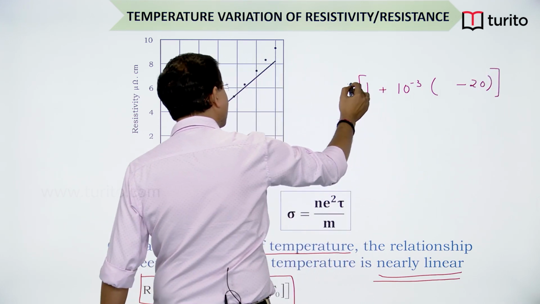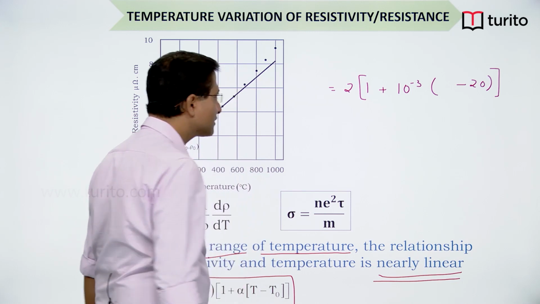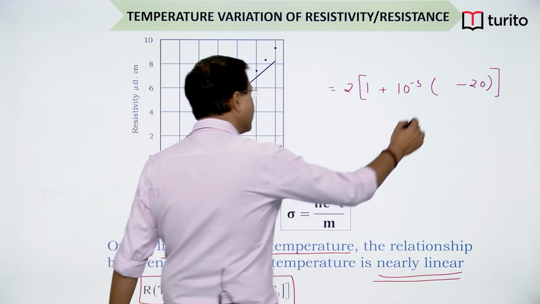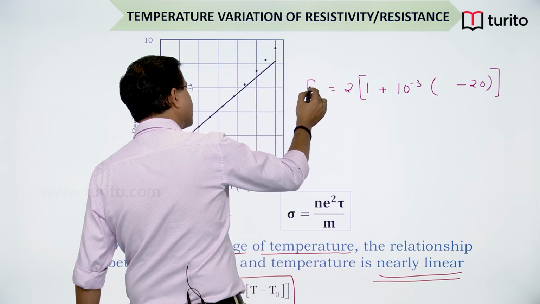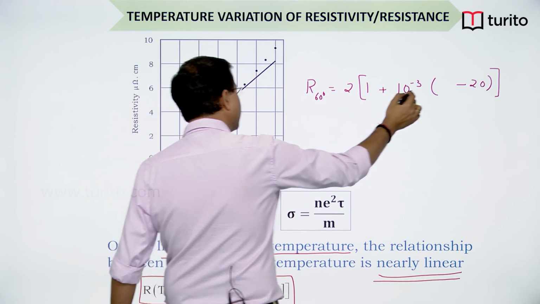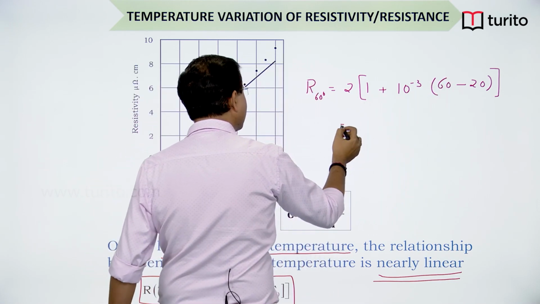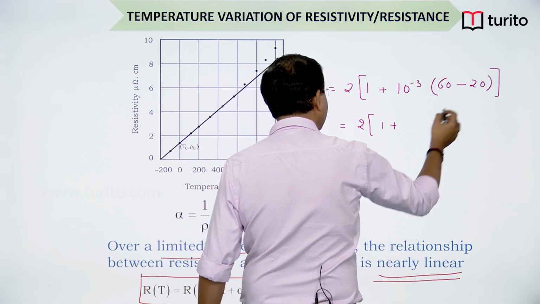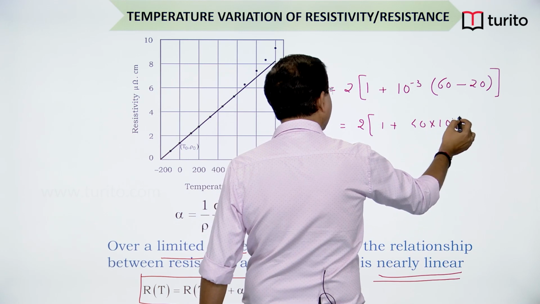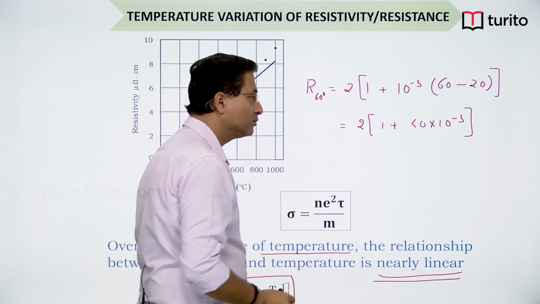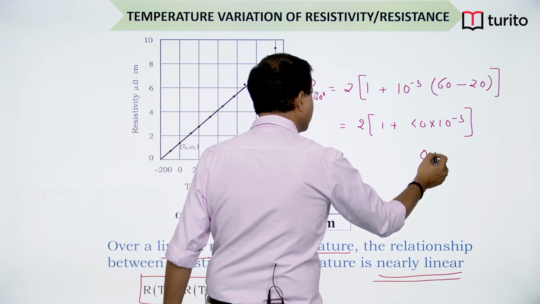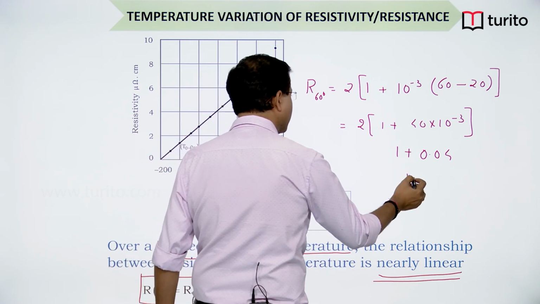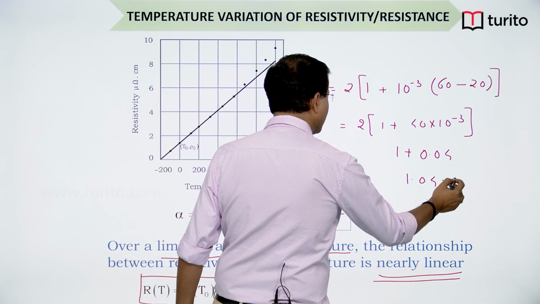What would be its resistance at say 60 degree centigrade? So, I will write temperature here because I want resistance at 60 degree centigrade. I will write 60 over here, and after simplification I will get the answer: 1 plus this, I can write 40 into 10 to the power minus 3. So, this will become 0.04, 1 plus, so this will become 1.04 into 2.